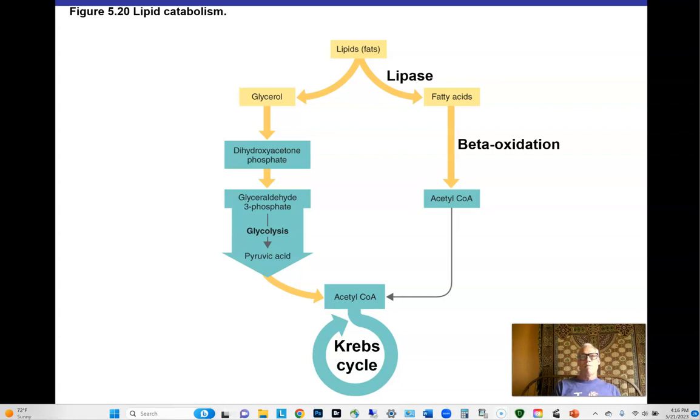How about lipid catabolism? Lipids, typically we're talking about fat, which is triglycerides, and a triglyceride is made up of a glycerol backbone of 3 carbon alcohol, so it's just carbon, carbon, carbon with 3 OHs on it, and when it's in the form of fat, it has 3 long-chain fatty acids attached to each one of those alcohols, and so it's a triglyceride.